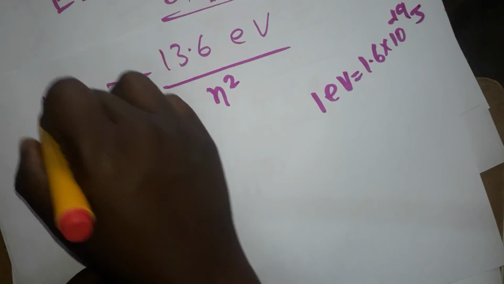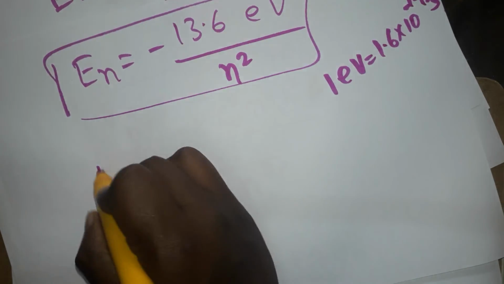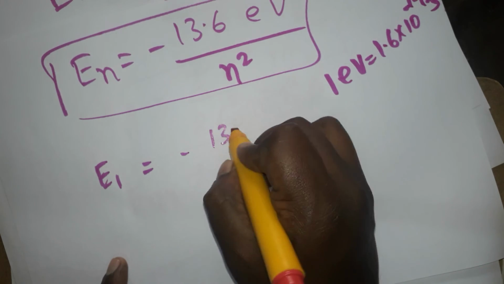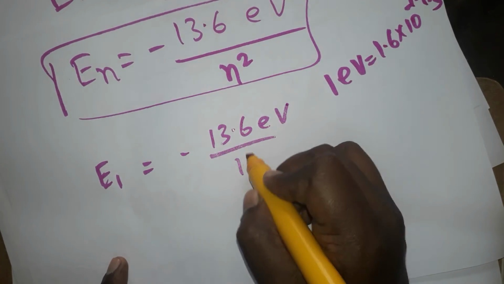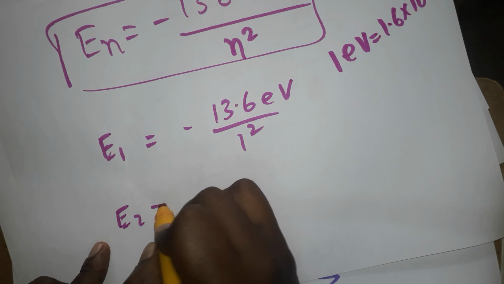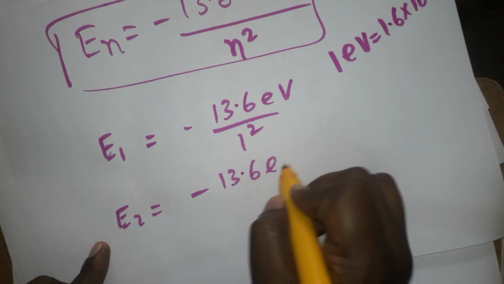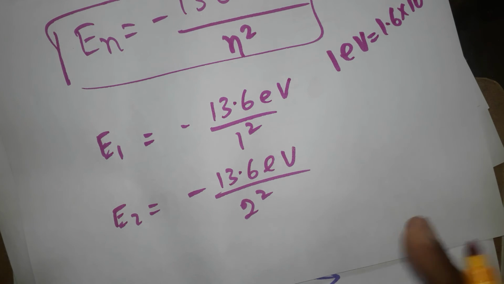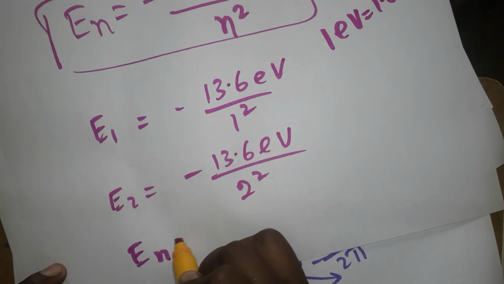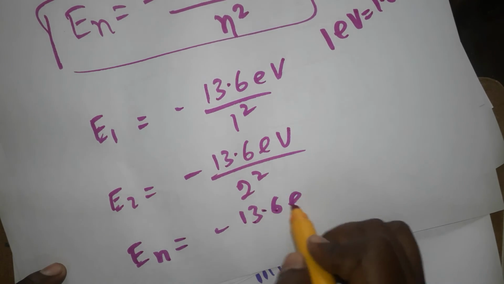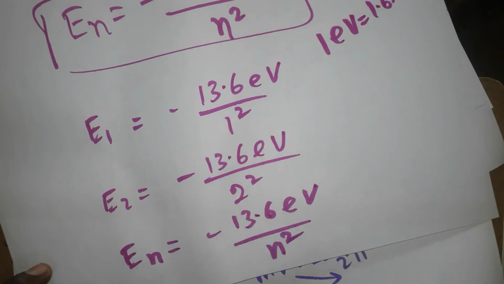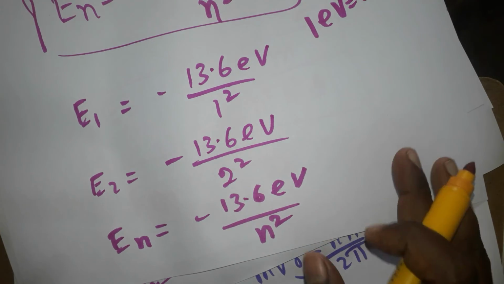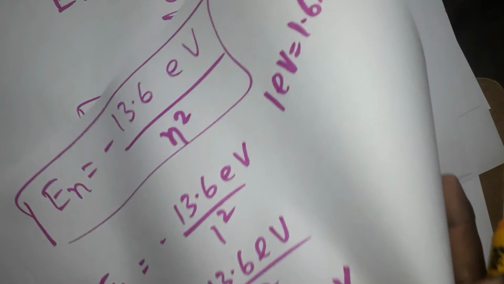This is the simple value we get. So the energy for the first orbit is minus 13.6 eV divided by 1 square, the second orbit minus 13.6 eV divided by 2 square, and so on. The energy for the nth orbit is equal to minus 13.6 eV divided by n square. So I got the energy for the nth orbit.